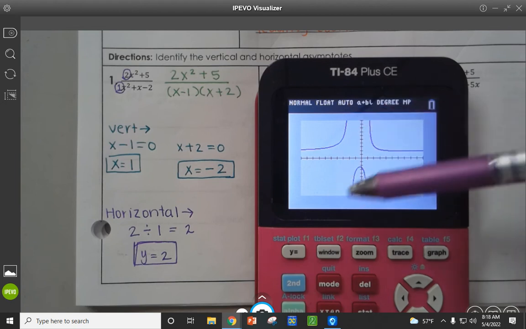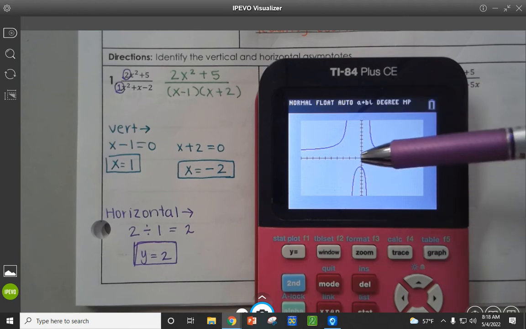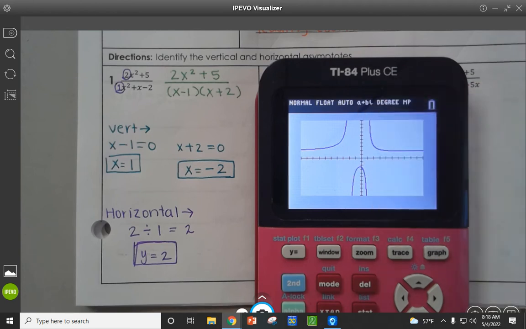So those graphs never actually touch. So the farther this goes up, it actually is not going to cross over this vertical line. And then we have this horizontal line, they're not actually going to cross over that. So these graphs are going to look kind of funky.